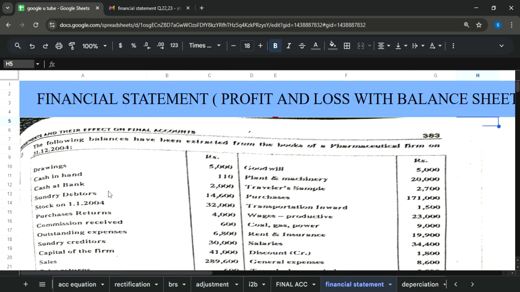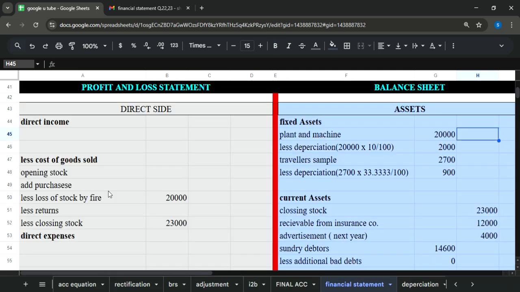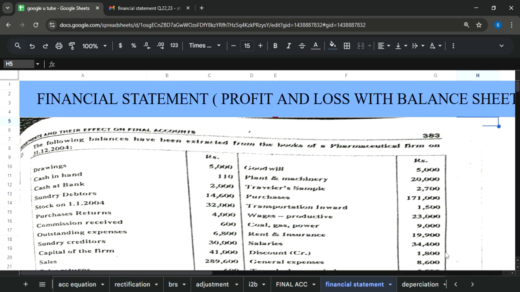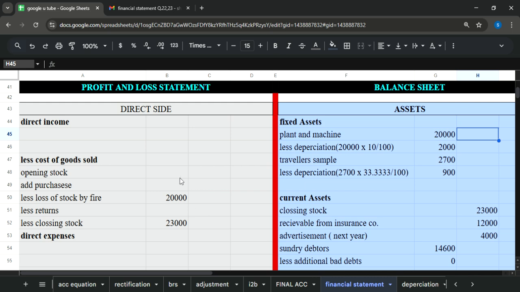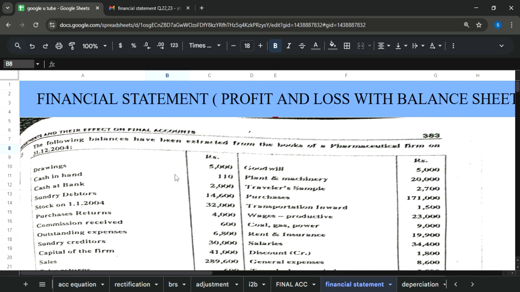Then we have sundry debtors, 14600, already mentioned. Look here, 14600. Then we have stock, and it's 1st January, so it means it's opening stock. The value of opening stock is 32,000. Put over here 32,000. We have only a single effect of these.